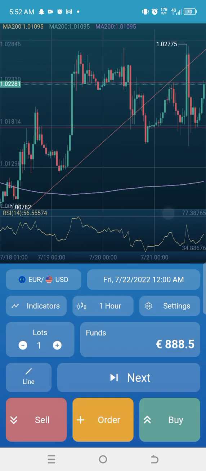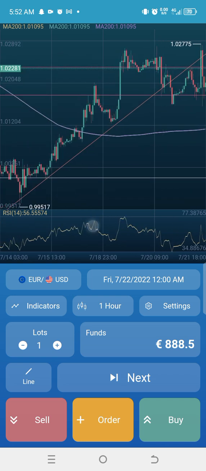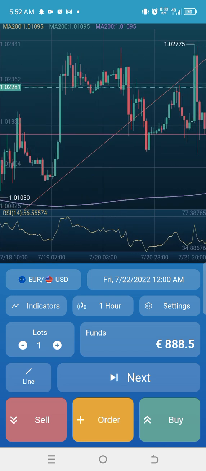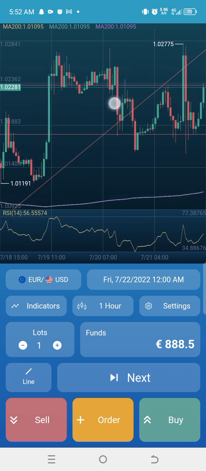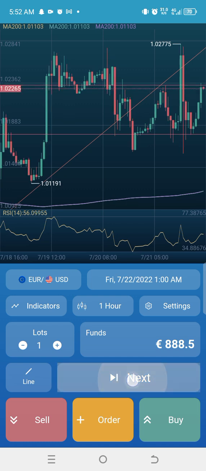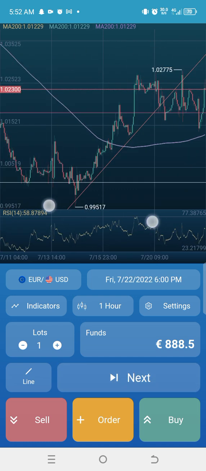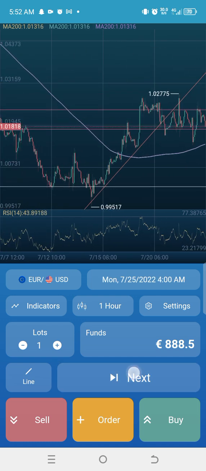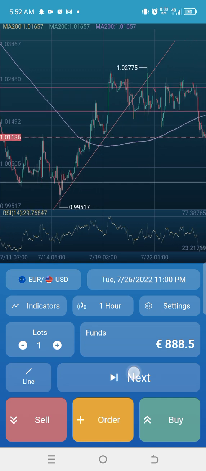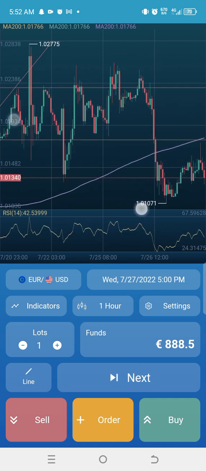Like price had a sideways break, but an area of interest has not formed, so let's wait for it to play out. Okay, sideways break, area of interest has formed here.